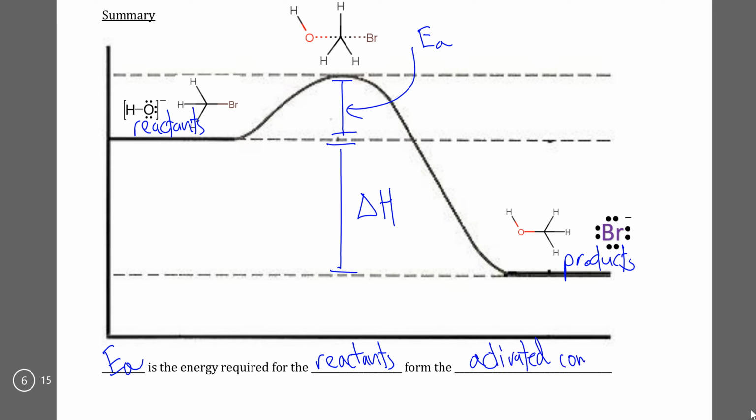Once the activated complex is formed, this structure is so unstable that the rest of the reaction will happen by itself, as long as this bond here breaks and this bond here is formed successfully. And therefore, as long as we can make the activated complex, the reaction is pretty much guaranteed to happen. Hence this definition of activation energy.